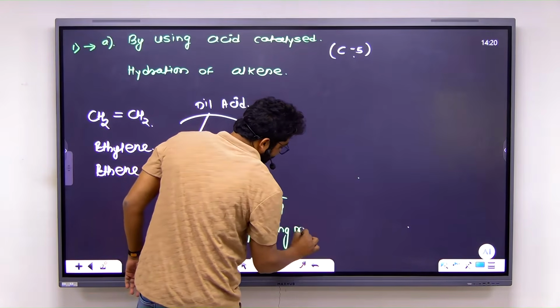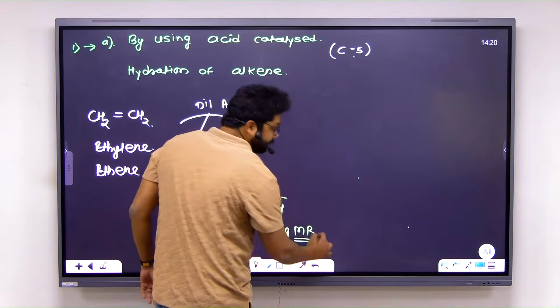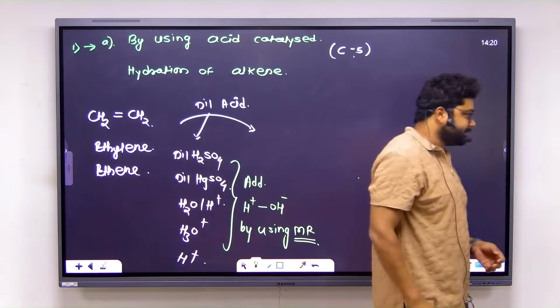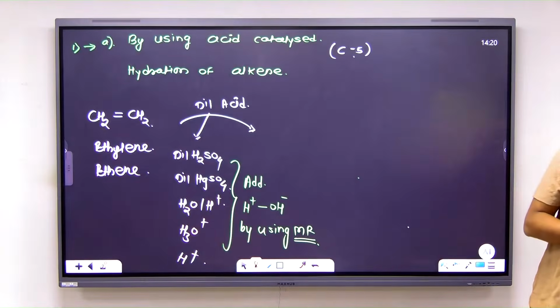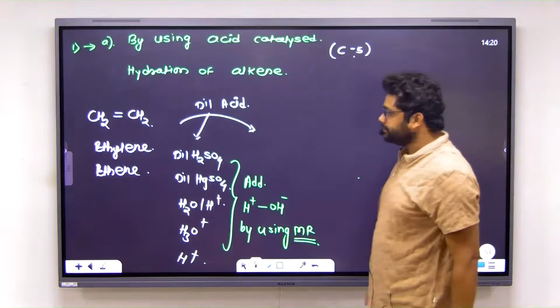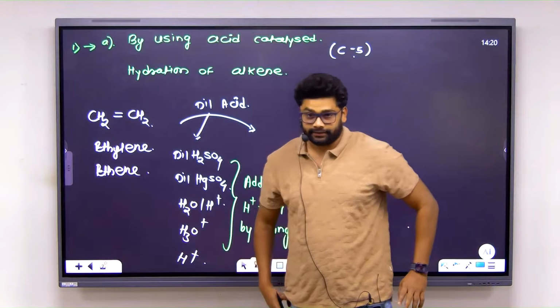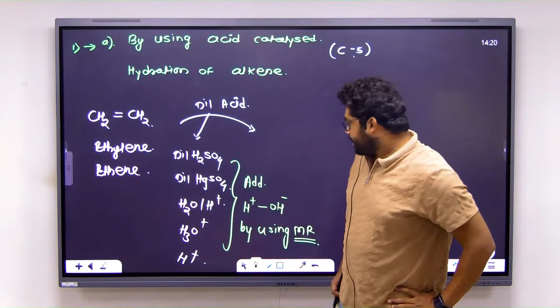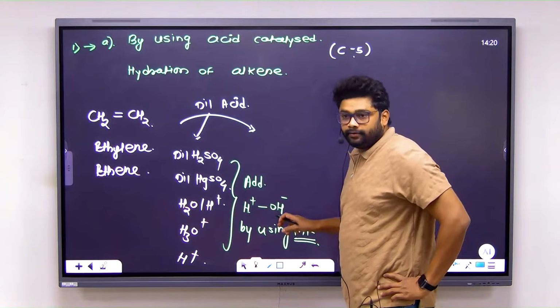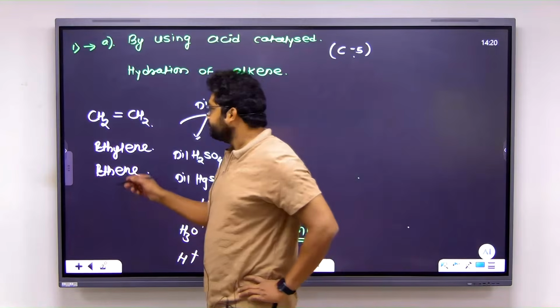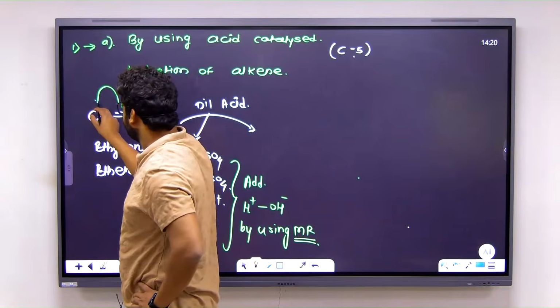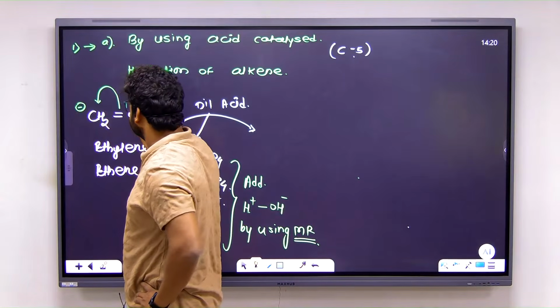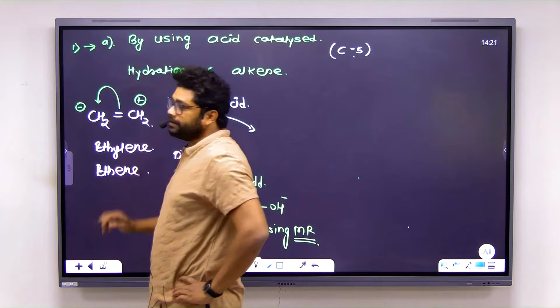By using what rule? Markovnikov's rule. Here it is not needed, because Markovnikov's rule works only where there are unsymmetrical alkenes. You have to add H2O, H plus and OH minus at one carbon. Suppose you are doing this, okay? This becomes minus, this becomes what? Plus, right?